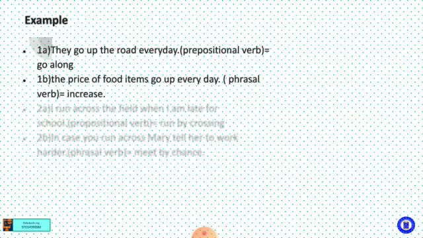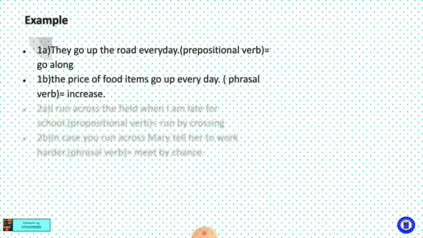But in number two sentence, the price of food goes up. You see, we are using the same go up. Here, it doesn't mean that the price of food develops legs and walks along a particular road. No, it means that the price of food items goes up every day. That is, it increases every day. The price of food increases every day.